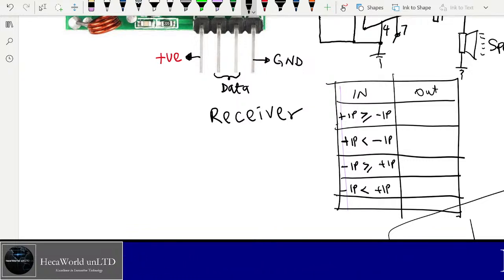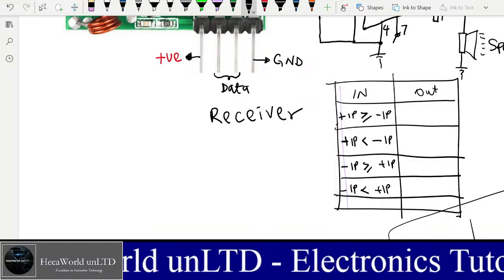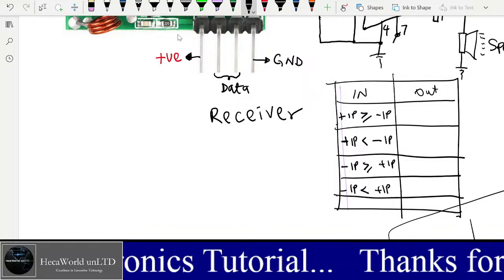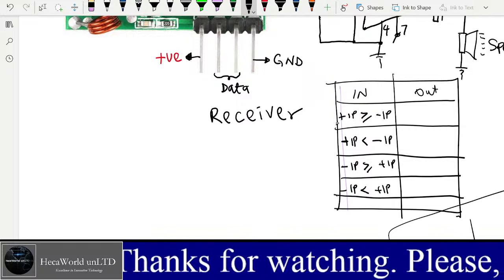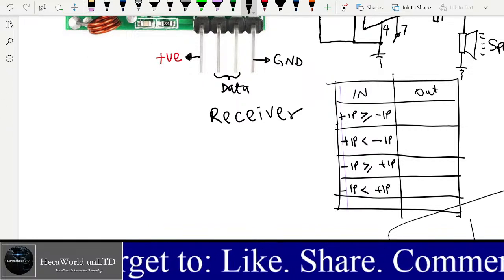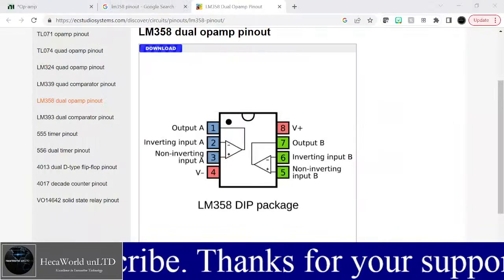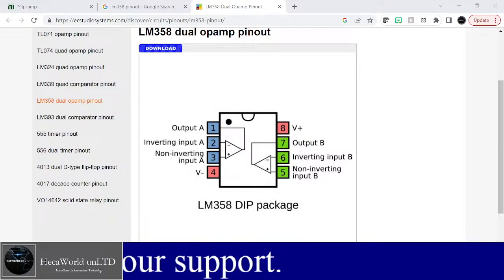So let's analyze what we have in our system. In our circuit here, we are saying, and we already know that, let's go back to the pinouts. So we already know that in our case, the non-inverting, which is positive input, is pin 5.